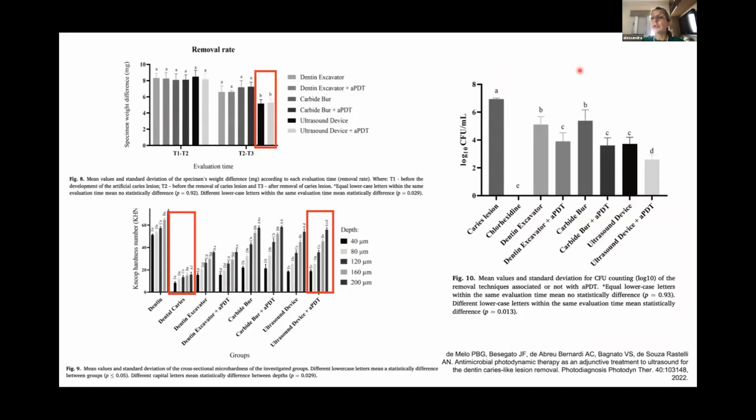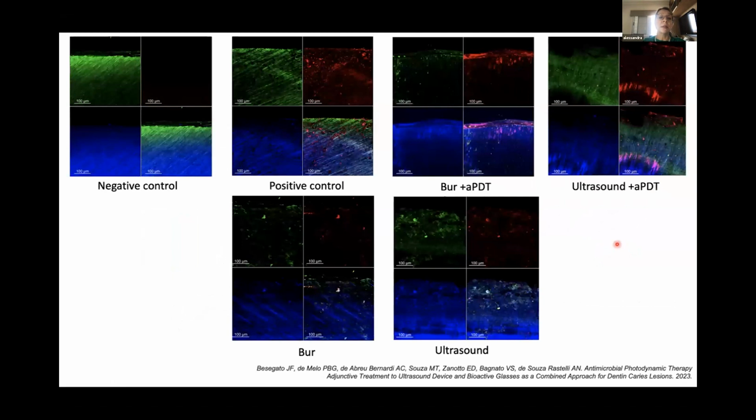So we could show in this paper that ultrasound was more conservative to remove the dental caries, and also PDT was able to decontaminate the dentin caries lesion, especially the affected dentin.